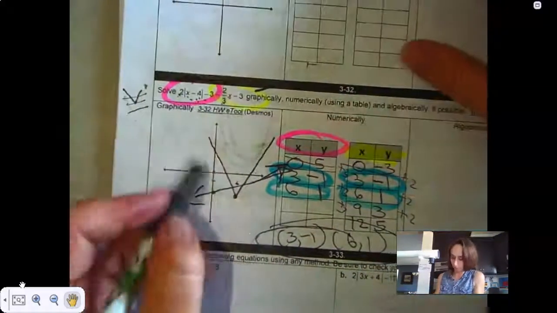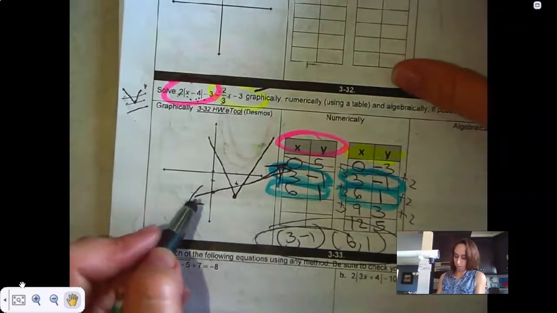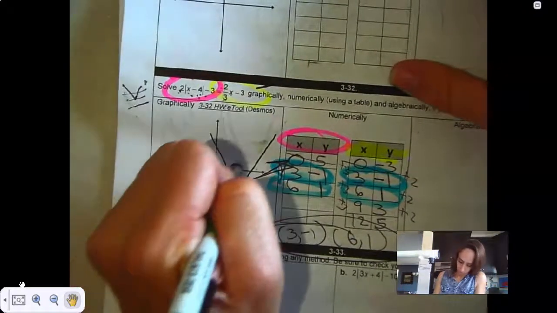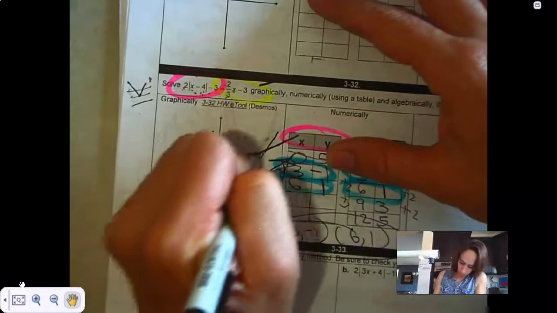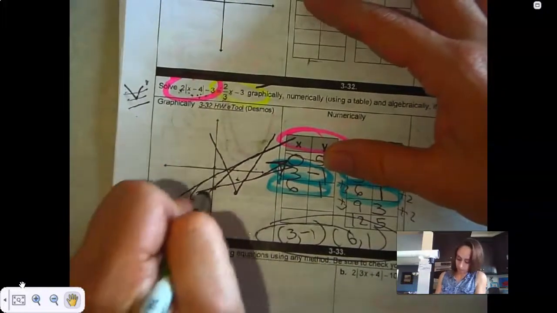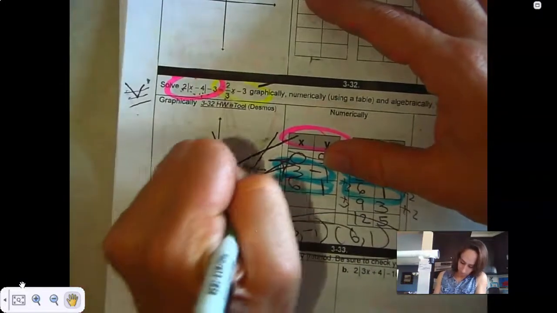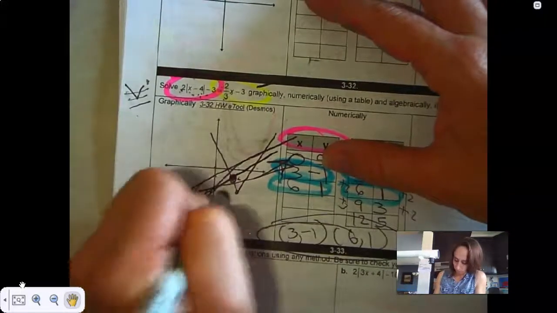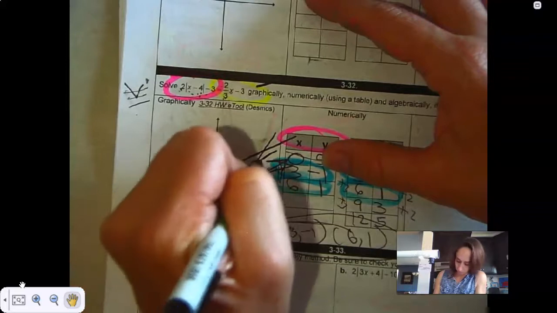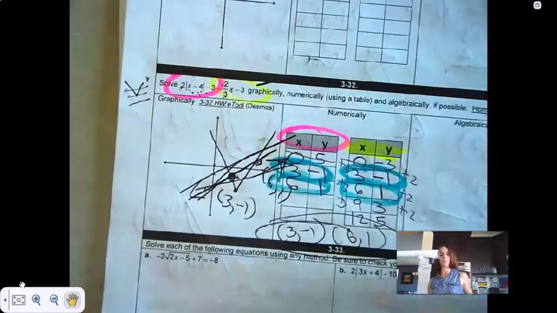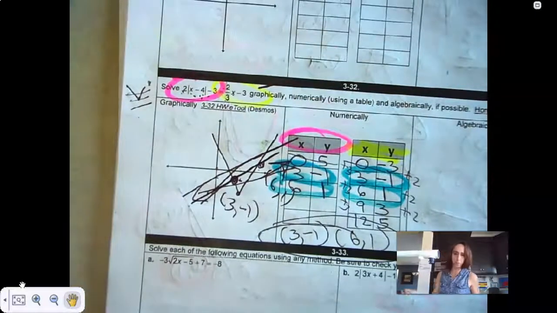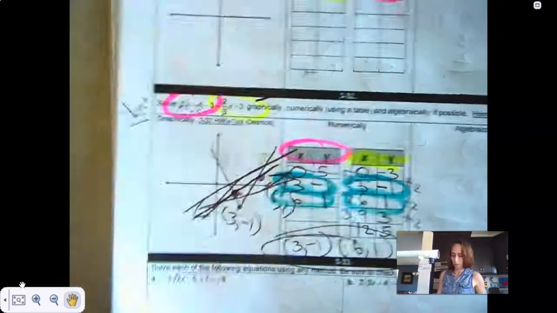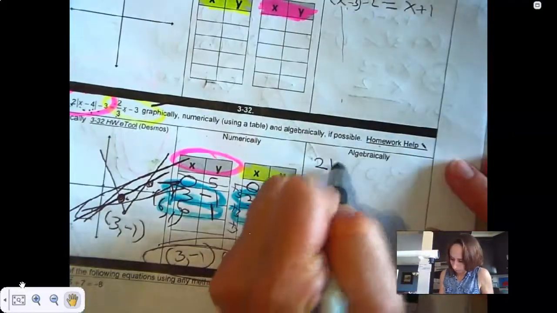This is horrible because that doesn't show 3, negative 1, and let's see, this should probably go like this. Let me show this line. This is ugly, I'm really sorry. But then I want you to see that this would be 3, negative 1, and this would be 6, 1. And if you go, Miss Rifkin, you made it so ugly, graph them on Desmos. You'll survive. Okay?